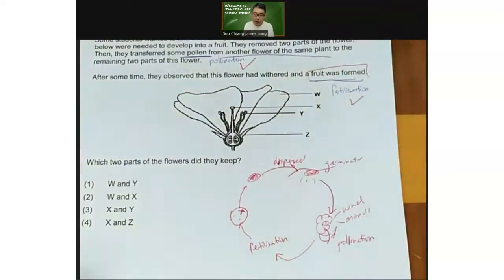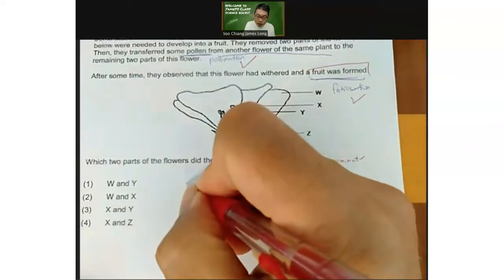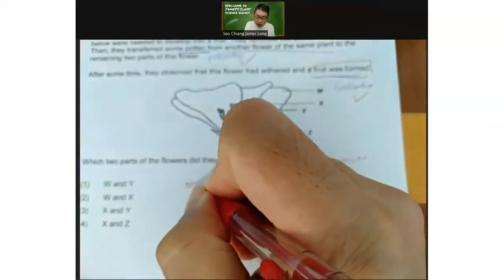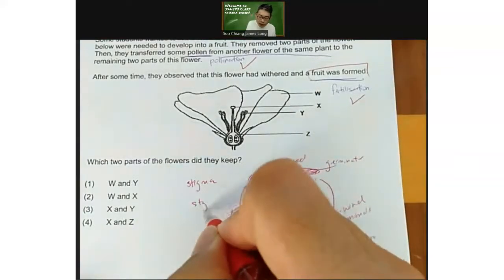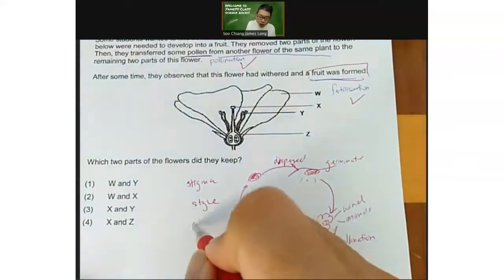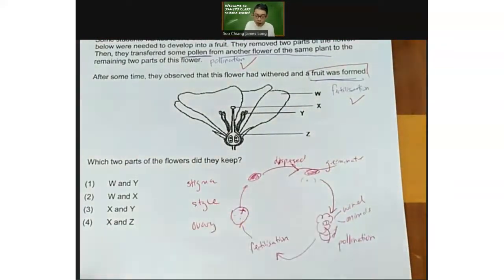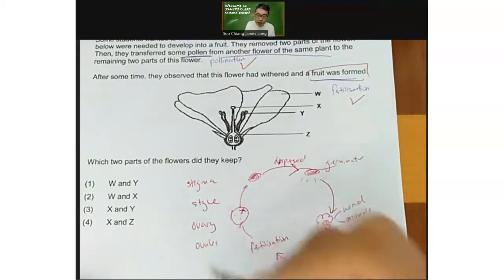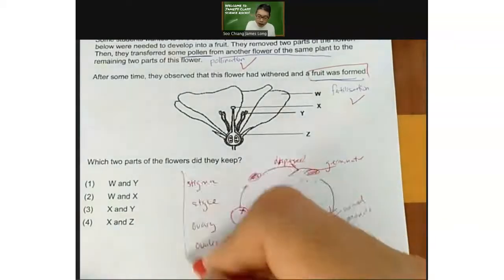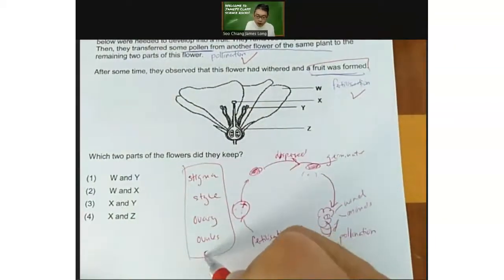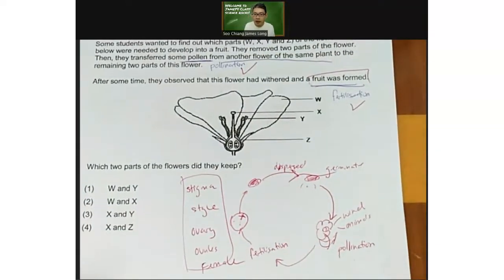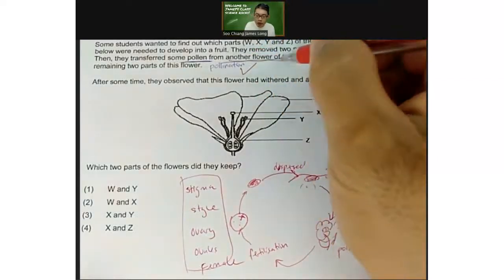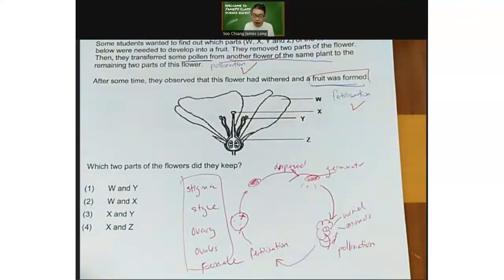Therefore, the parts that must be present are the stigma, the style, and of course the ovary with all the parts inside, the ovules. And all these you will notice are the female parts of the flower. How about the anther? Do you need an anther? Not on this flower because I already said the pollen is from another flower on the same plant.